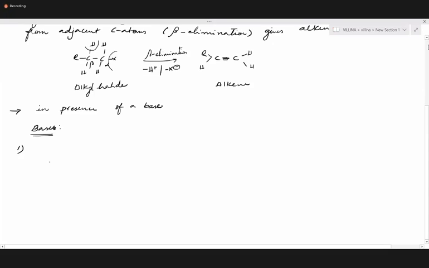So the first one is alcoholic hydroxides of alkali metals. For example, alcoholic NaOH. This is also a base, right? Or else alcoholic KOH, or else alcoholic cesium hydroxide.